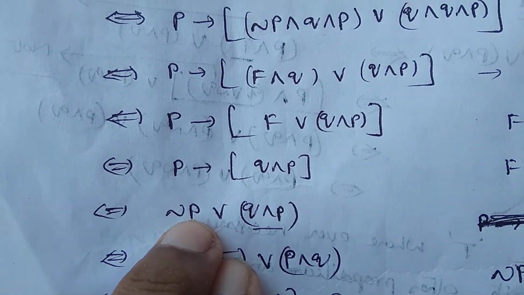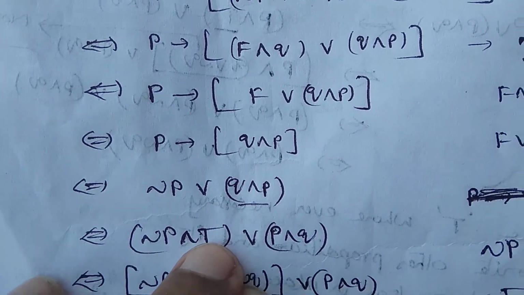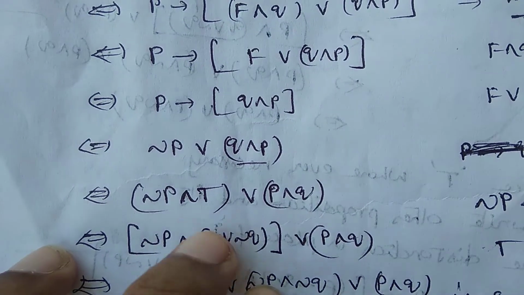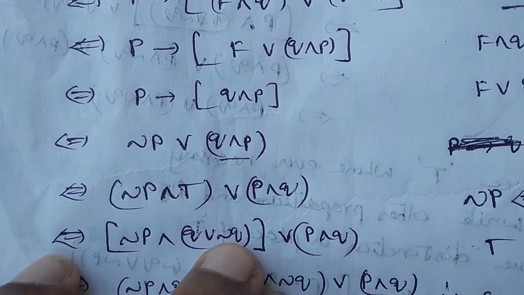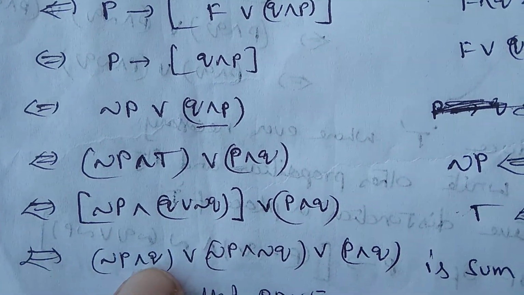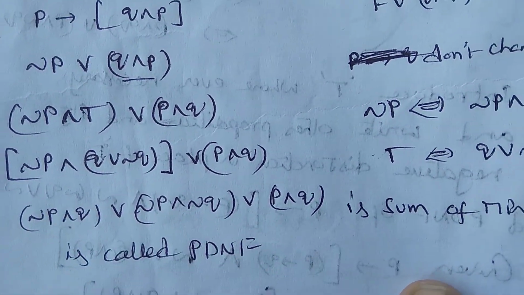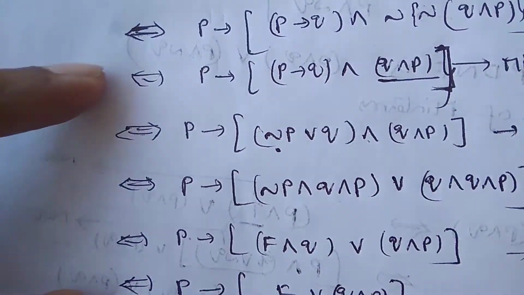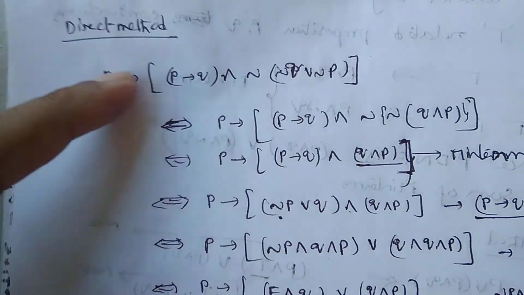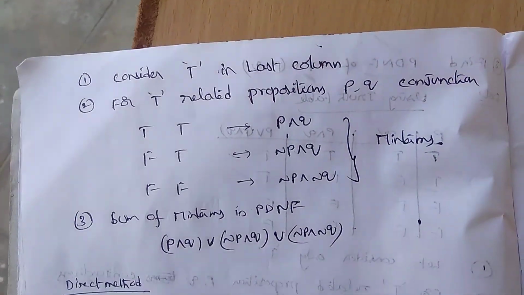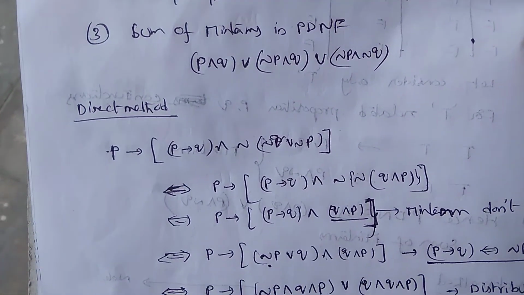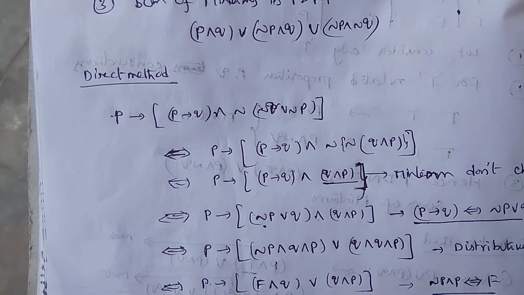So write here AND T, and again T can be written as negation P, the other statement Q or negation Q, and apply the distributive property. You can get the PDNF form. So for this type of problem using logical equivalence formulas you must practice more. Otherwise, you can get it with the truth table easily. Thank you.